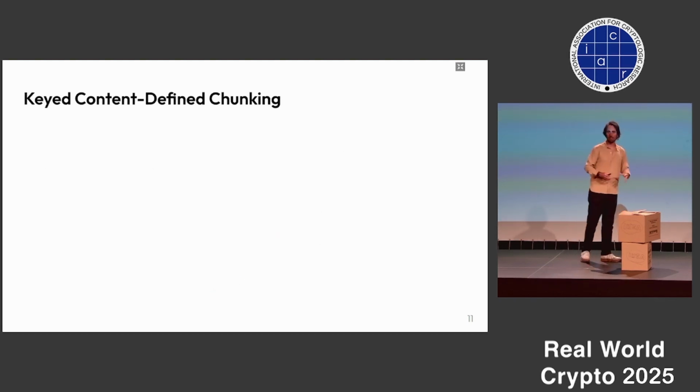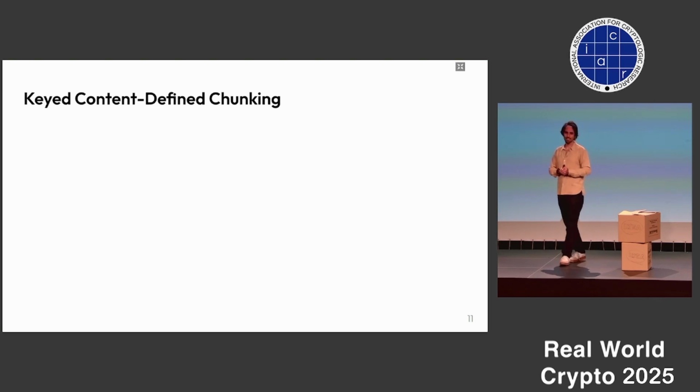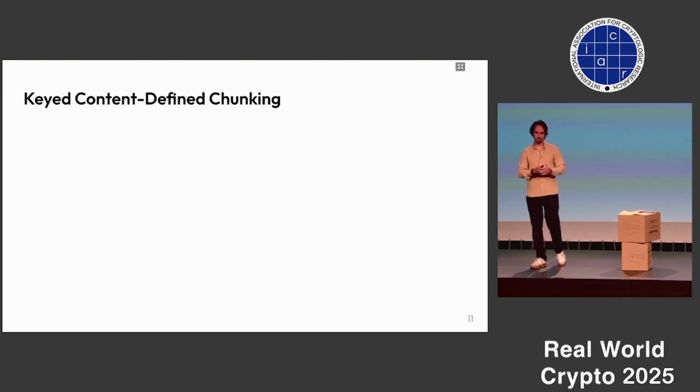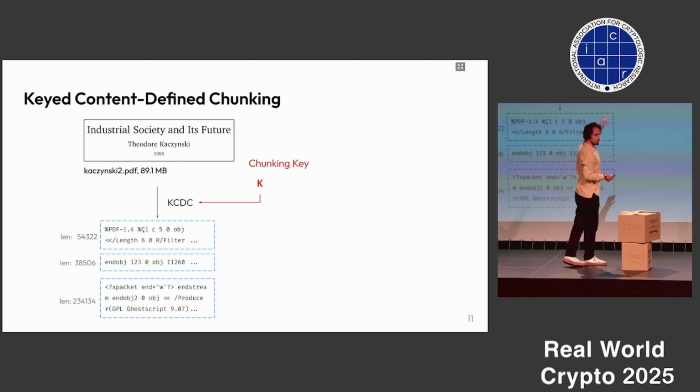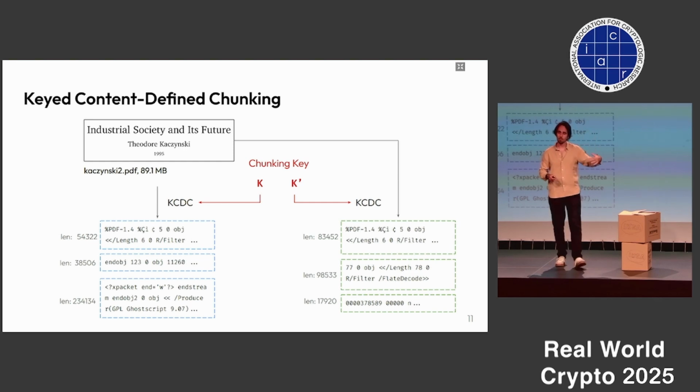How do we solve this? Well, this is where cryptography enters the game. We add keys to the chunking process. So this is such that given a file and a certain key, and a file and a different key, key prime, we obtain completely different chunks.